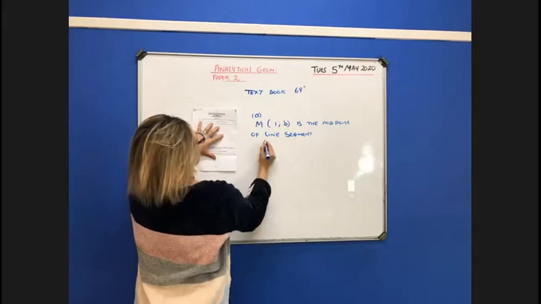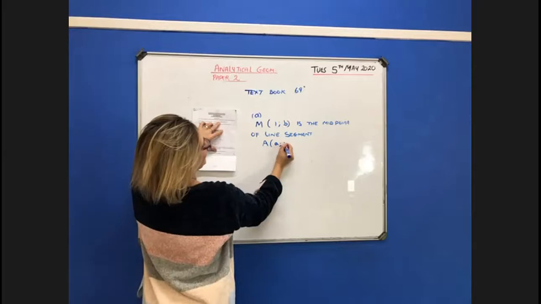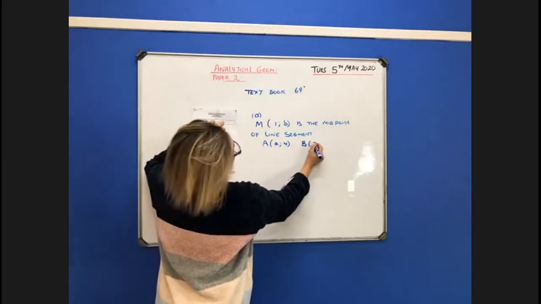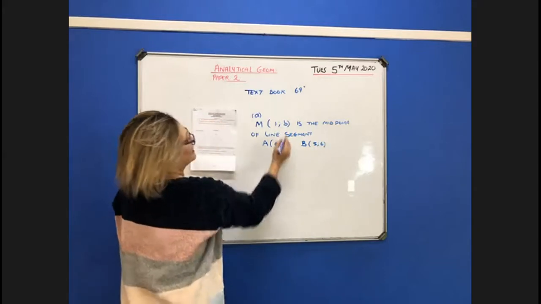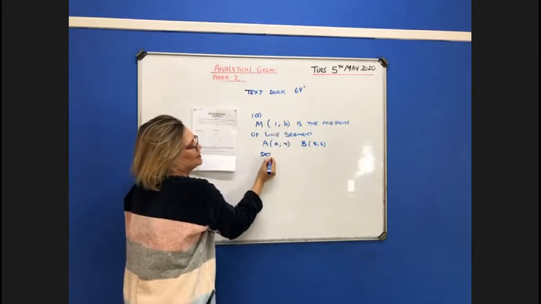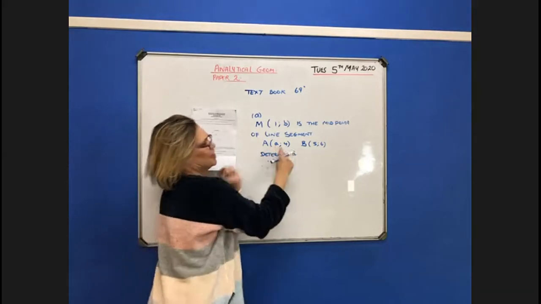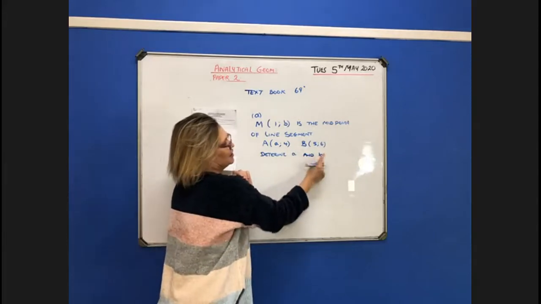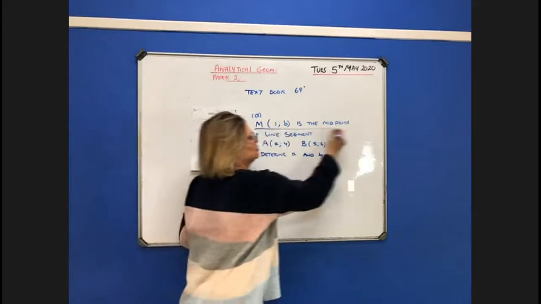Then they say point A, the x value is unknown, little a, y is 4, and point B, we have the full coordinate. And the question is, can you please determine little a, which is the x part of the coordinate of A, and little b, which is the y coordinate of M, and M is the midpoint.